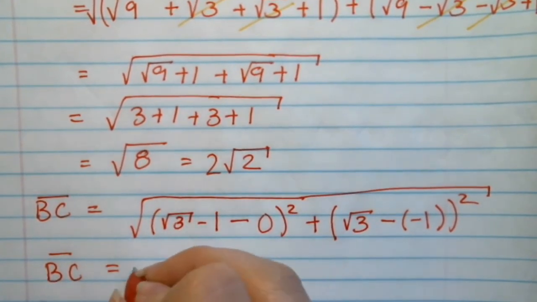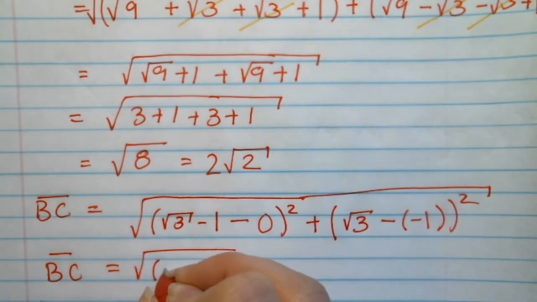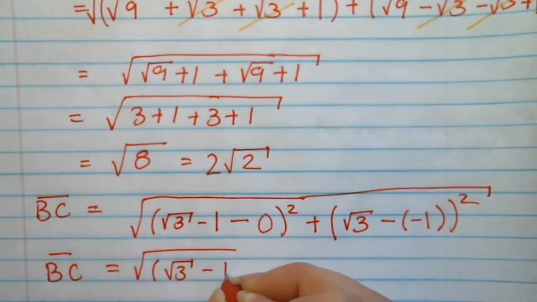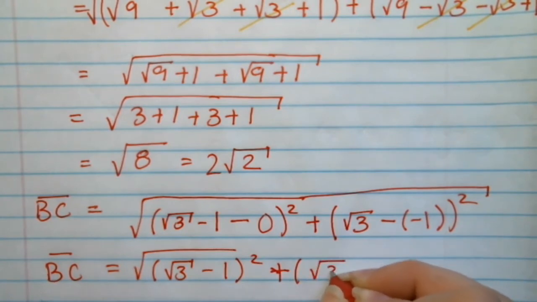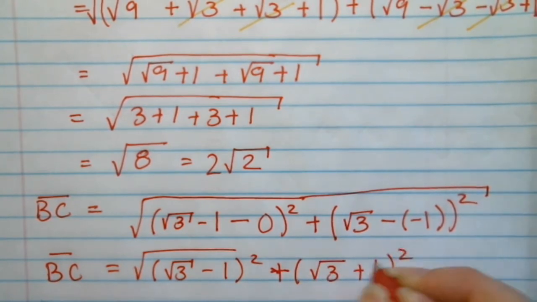So this is going to be root 3 minus 1 squared plus root 3 plus 1 squared.